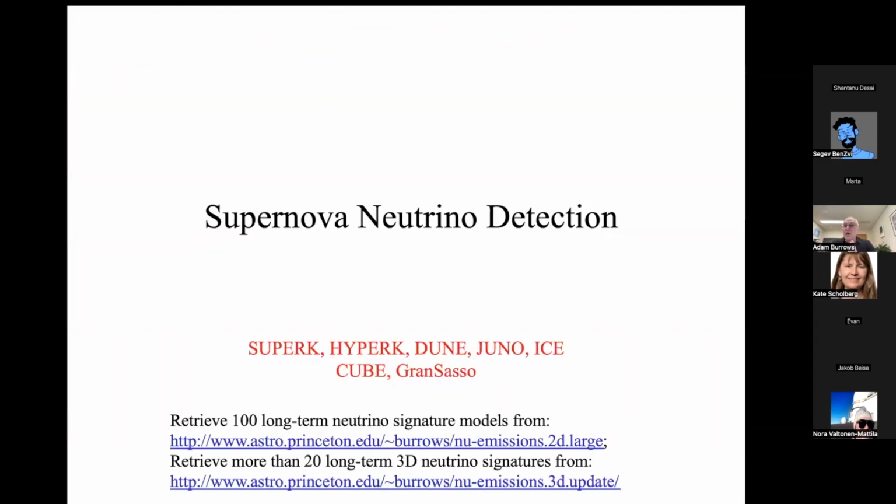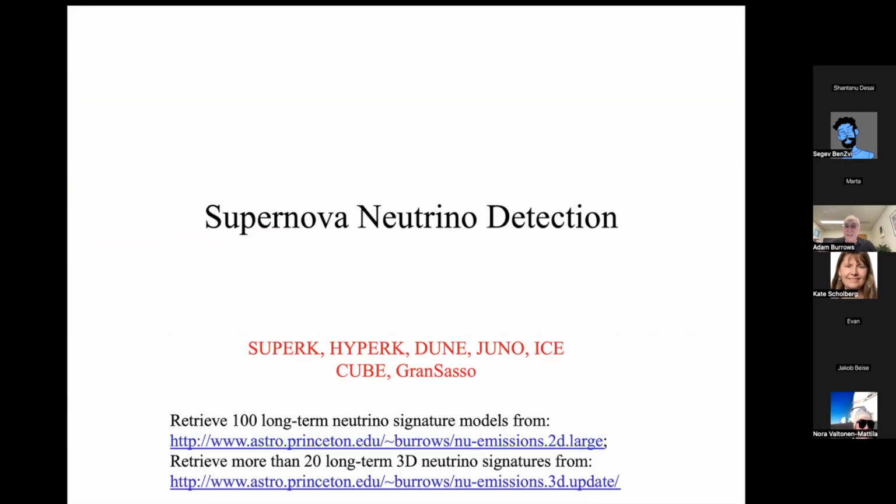Okay, so all of you are aware of the flotilla of underground, under ice detectors that exist around the world to detect supernova neutrinos. On the bottom of this slide are URLs where people can get some of our neutrino models.